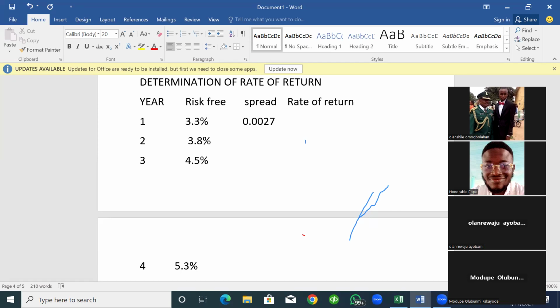The rate of return is 0.0357. Convert to percentage, sir. That's 3.57%.